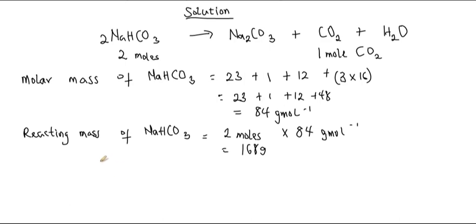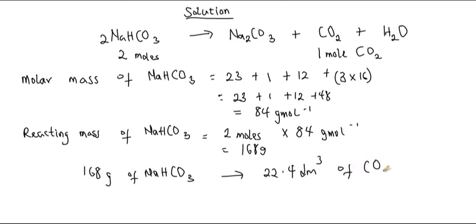With this, we can simply put that 168 grams of NaHCO3, don't forget we are still working with this balanced equation, will give off 22.4 dm cube of CO2. I want to believe this is clear. This 22.4 dm cube is equivalent to the number of moles of carbon 4 oxide that is being liberated. So now we have 168 grams of NaHCO3 to give 22.4 dm cube of CO2.